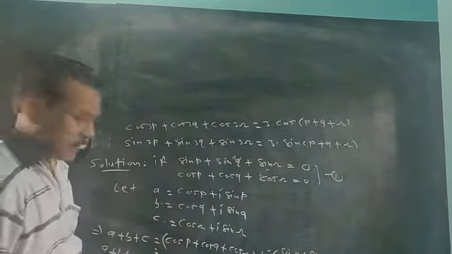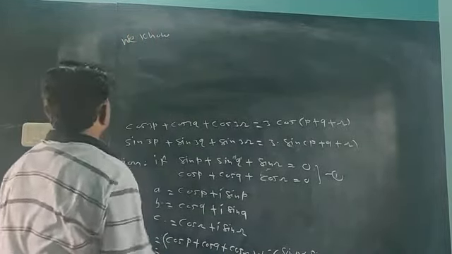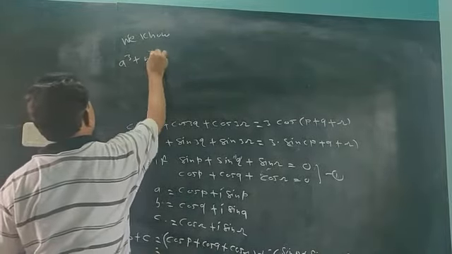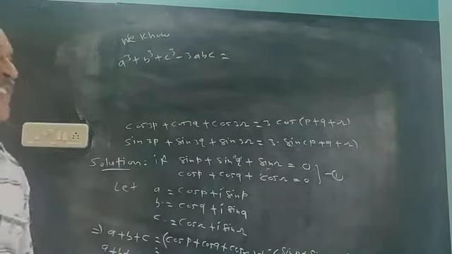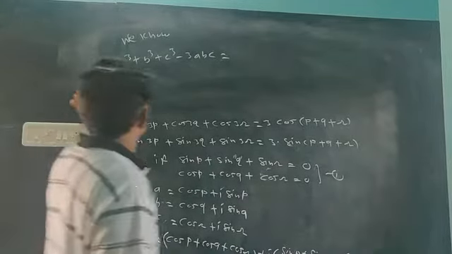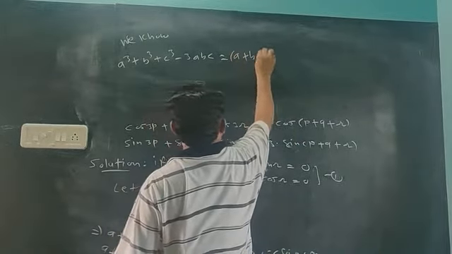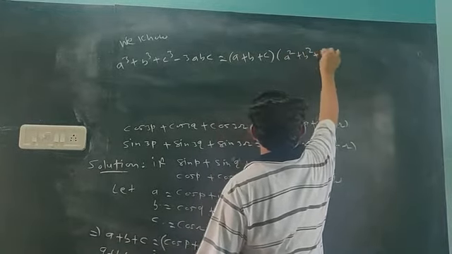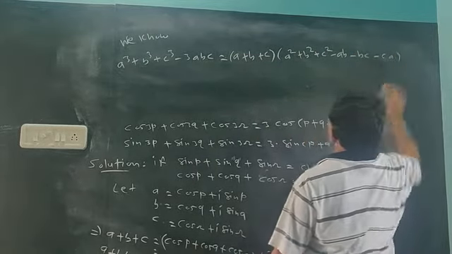Now, what should I prove? For this proof, we know one formula in mathematics, from the polynomial chapter, I think taught in 8th class. The factor formula: a cube plus b cube plus c cube minus 3abc equals (a plus b plus c) times (a square plus b square plus c square minus ab minus bc minus ca).